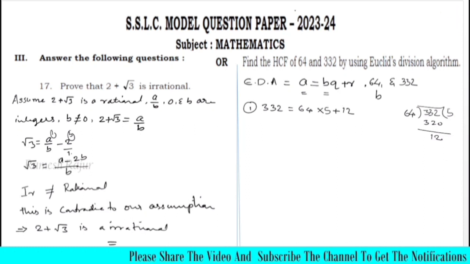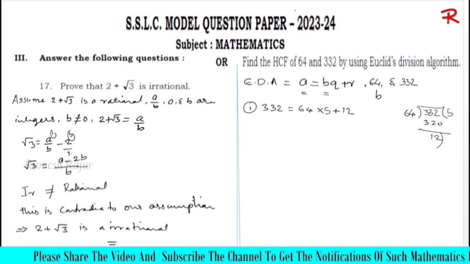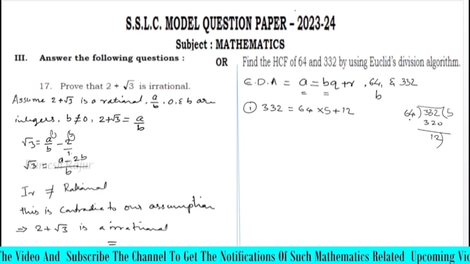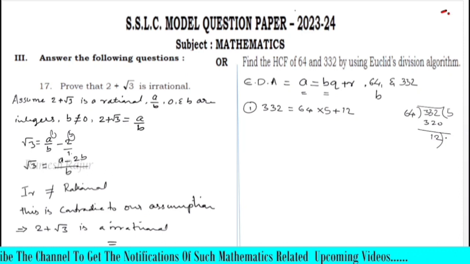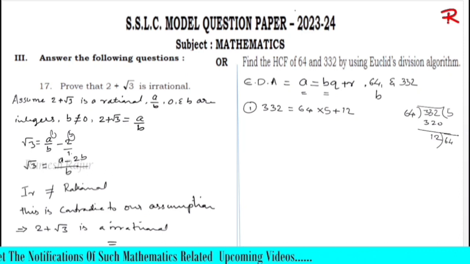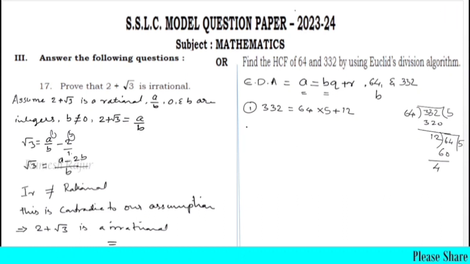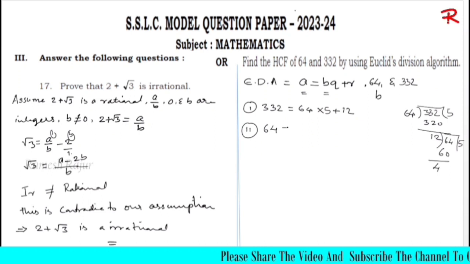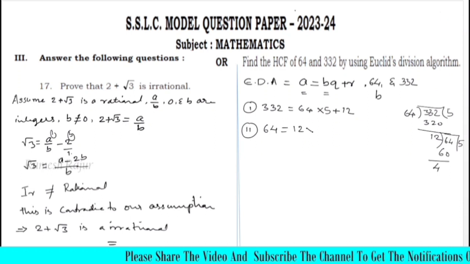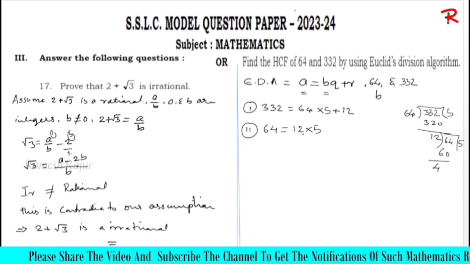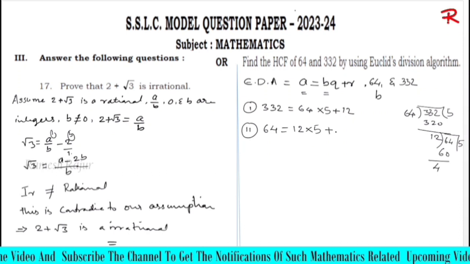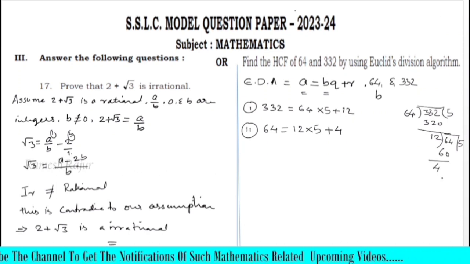Later on, the remainder becomes the divisor and the previous divisor becomes the dividend. That is 64: here we have 12 fives are 60, and again we get 4 as the remainder. That is, in the second stage, we have 64 is equal to 12 into 5 plus the remainder 4.